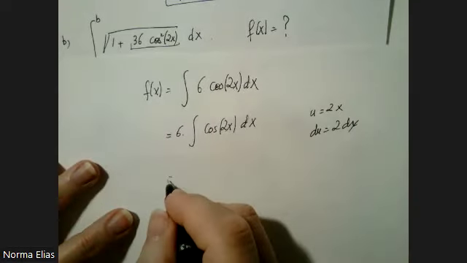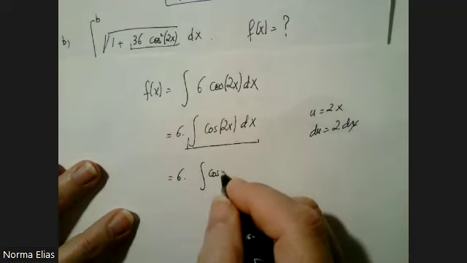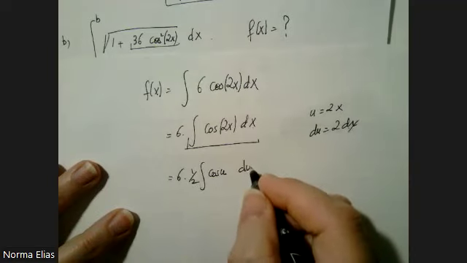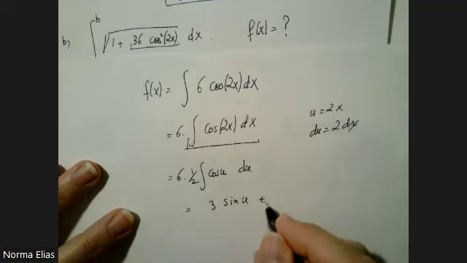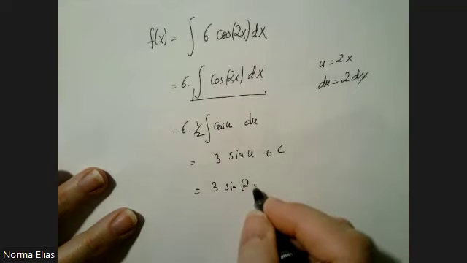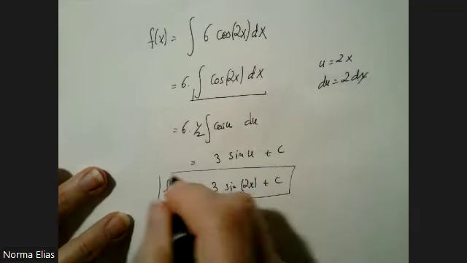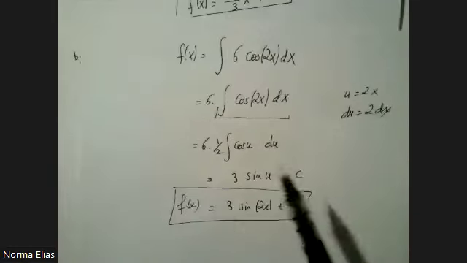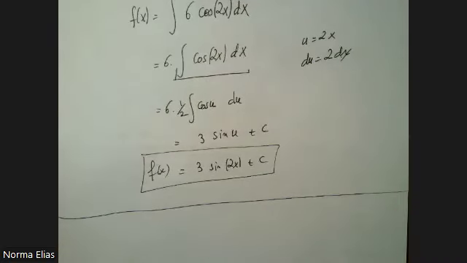This would give me 6 times the integral of cosine u, where dx is half du. So this would give me 3 sine u plus c. It means 3 sine 2x plus c. So this is the function. And now if I find the derivative of this, I get 6 cosine 2x, and this would give me the arc length. So I just want you to go a little bit backward in those formulas.